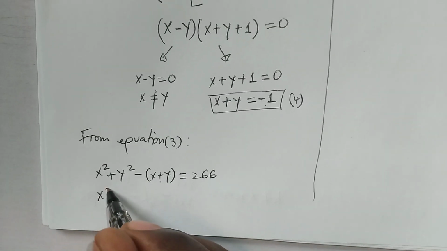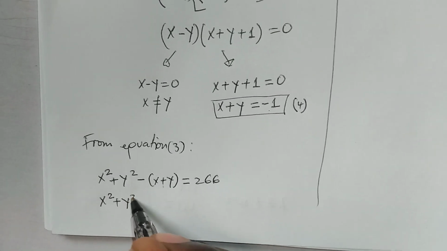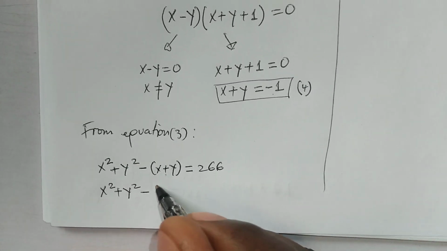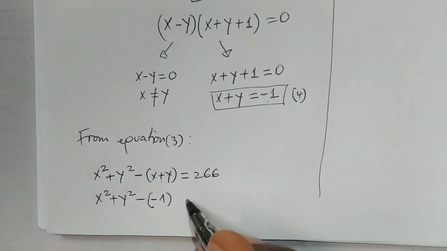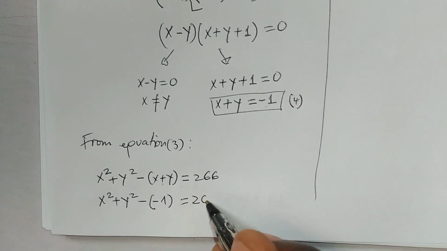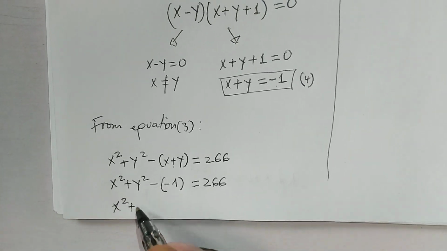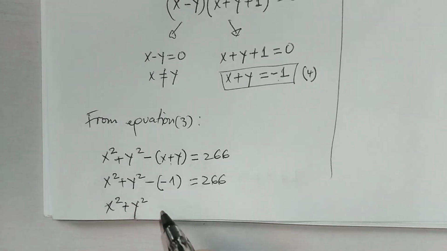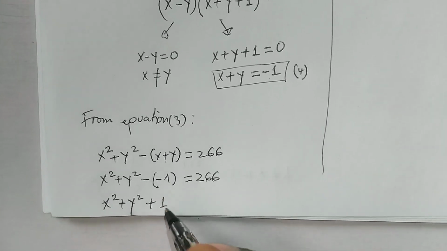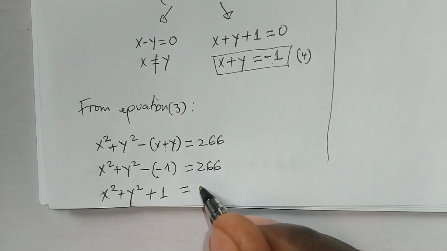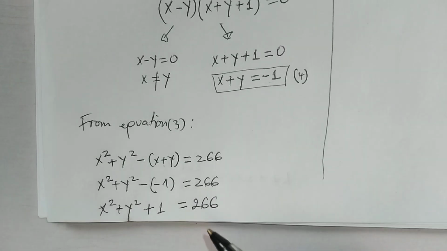So x square plus y square minus -1 is equal to 266. x square plus y square plus 1 is equal to 266.